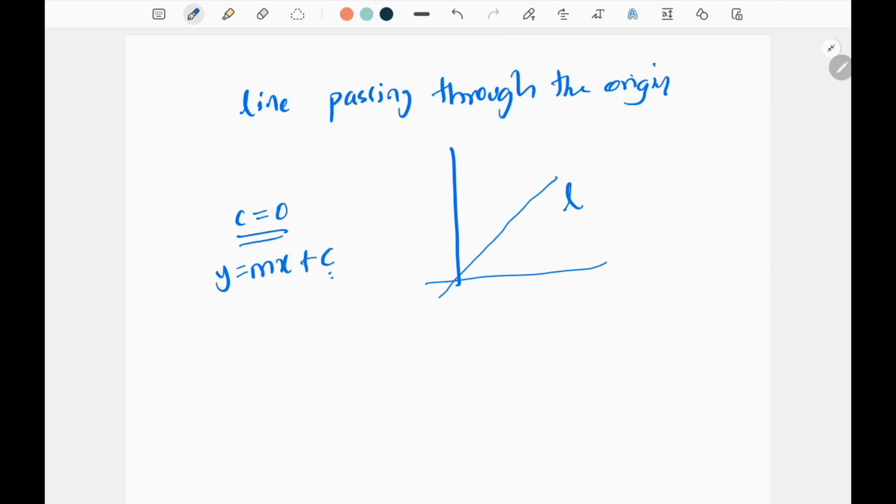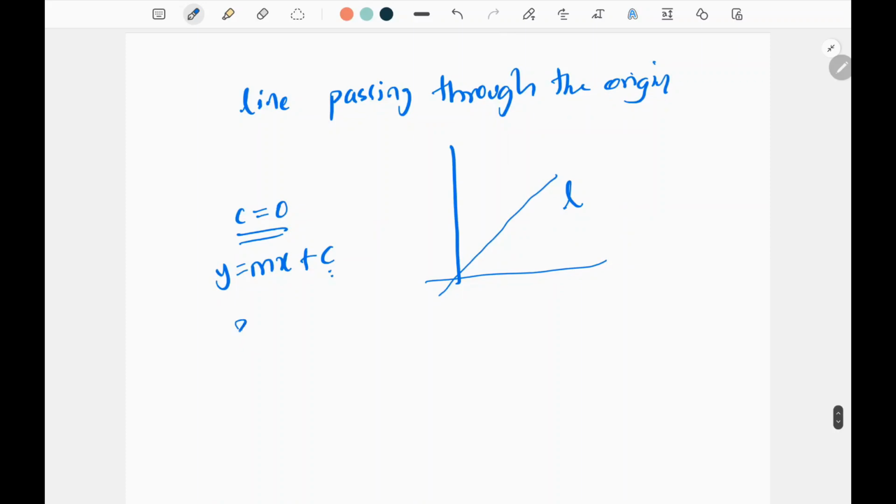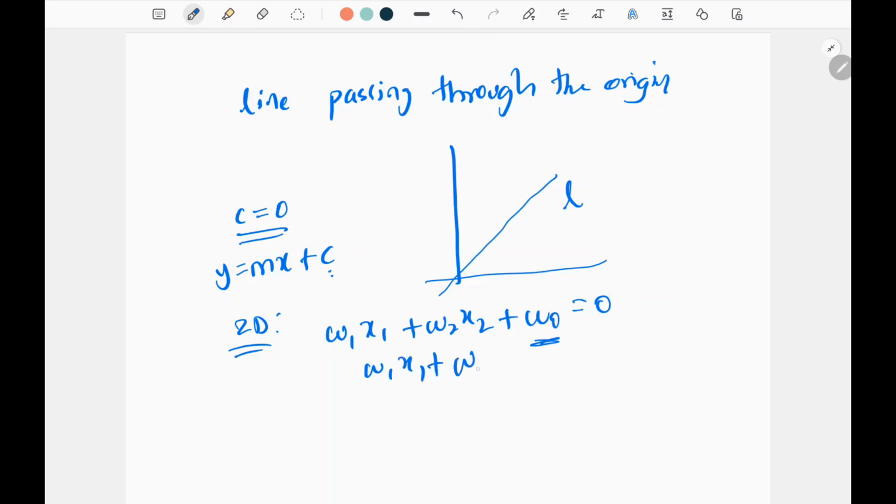Okay, this will be 0. So we know our 2D representation we have written as w1 x1 plus w2 x2 plus w0. So here w0 is the intercept. We have seen that in the previous slides. So if we put 0 here, this is what we end up having: w1 x1 plus w2 x2 equal to 0.